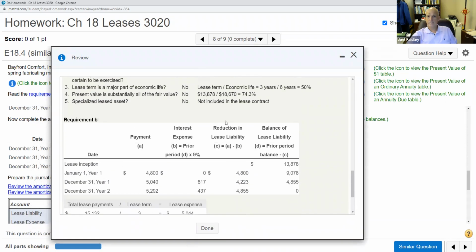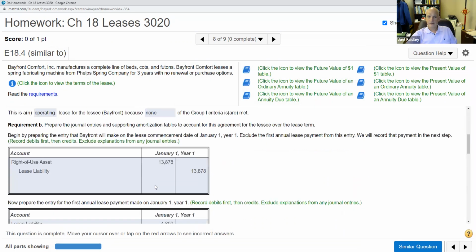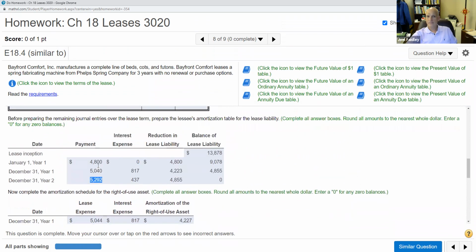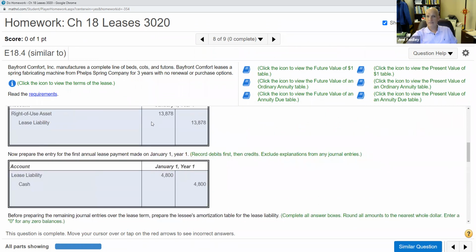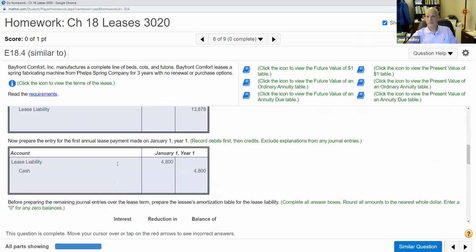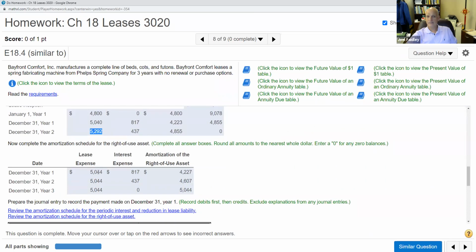That is my 15,132, because those are my payments. 15,132 divided by 3 is 5,044. So 5,044 each year is going to reduce that right of use asset to 0. Of course, that's 13,878, correct?